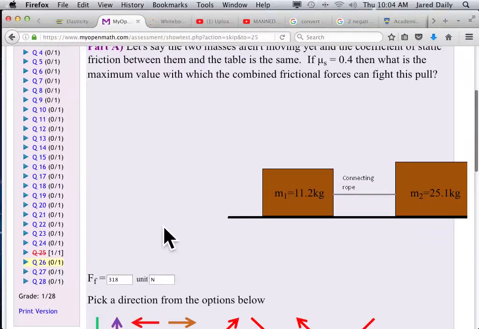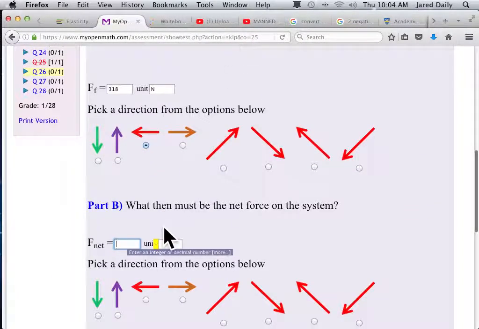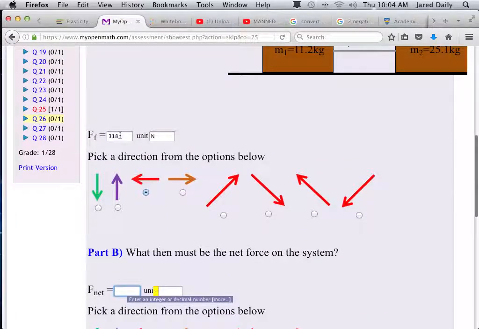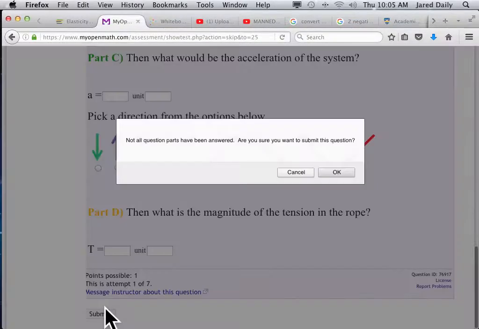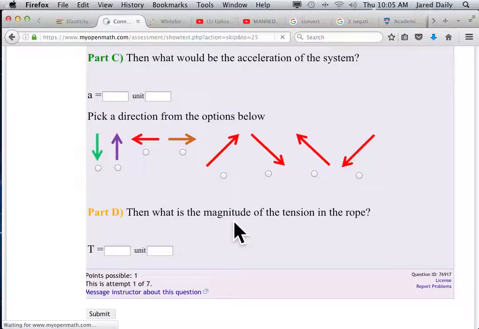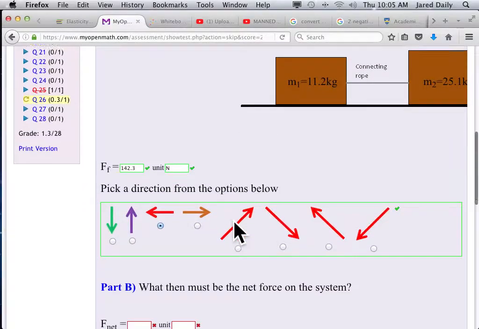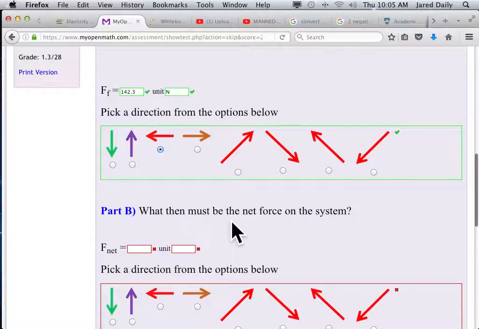Put that in right here for my force of friction, right? 142.3 newtons. Let's see if I'm right. 142.3. So that worked. Good.